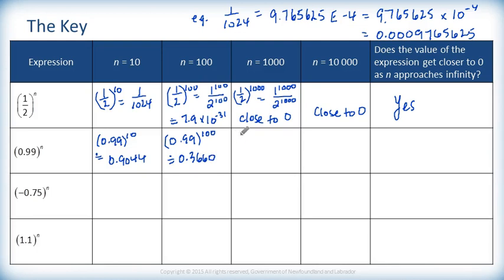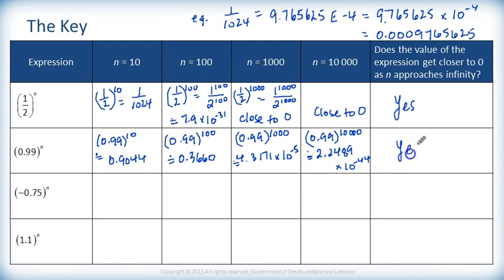And decimal 99 exponent 1000 is approximately 4.3171 times 10 to the -5. So it's pretty small. And for the last one, I get approximately 2.2489 times 10 to the -44. So yes, that one's getting small as the n values get large.